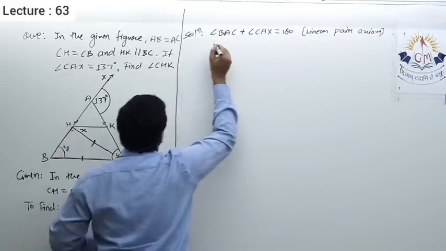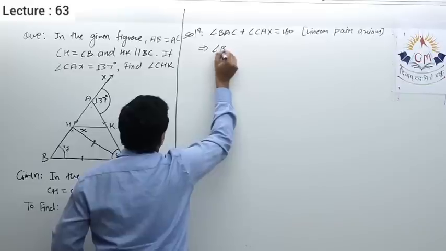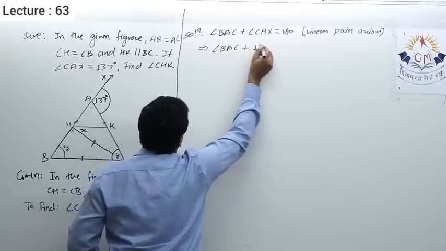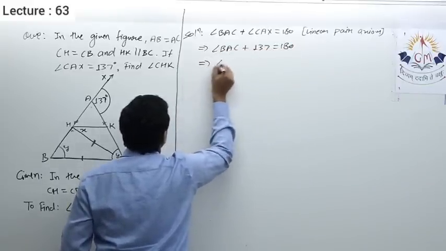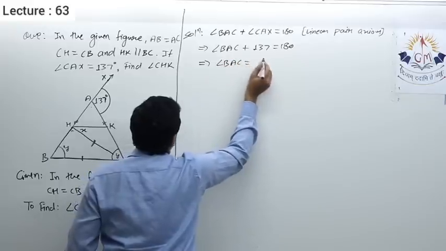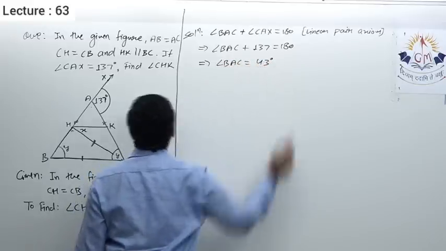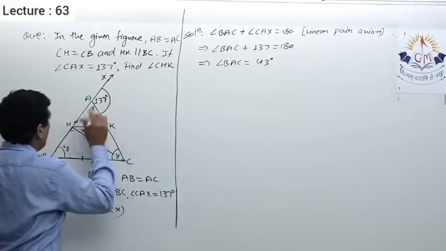BAC I need to find, so I'll keep it as it is, and this is 137, equal to 180. So here I got angle BAC equal to 43 degrees.